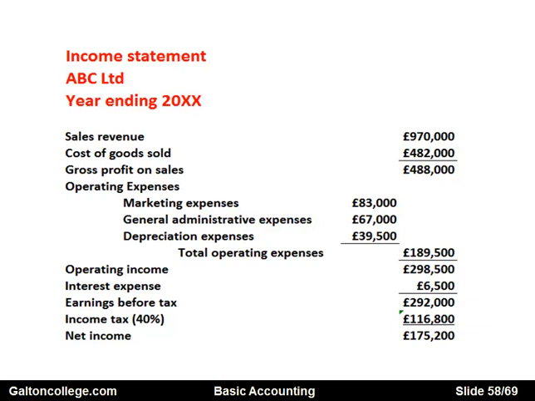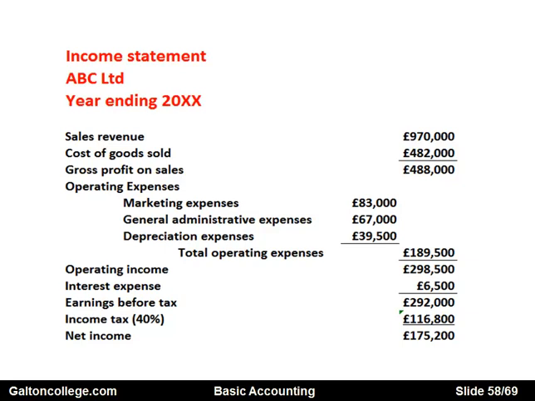Now that gross profit, we have to take away the operating expenses. These would be the expenses of the business, which in this case the operating expenses amount to 189,500. So the operating income is now down to 298,500, which is 488,000 less 189,500.